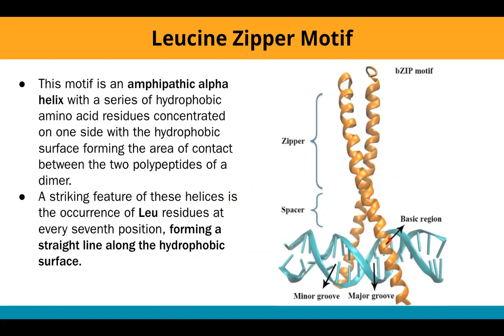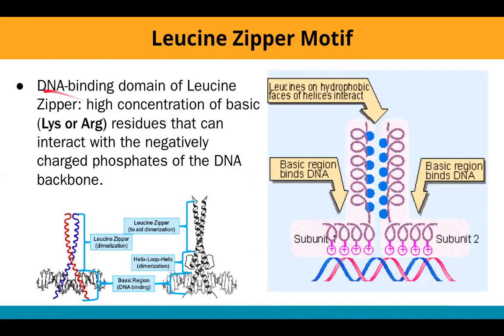It contains a high concentration of basic amino acid residues, specifically lysine or arginine residues, that can interact with the negatively charged phosphates of the DNA backbone. Remember that lysine and arginine have positively charged side chains.